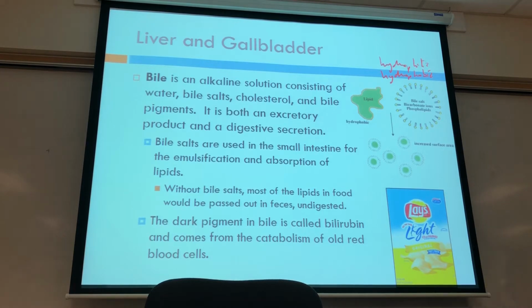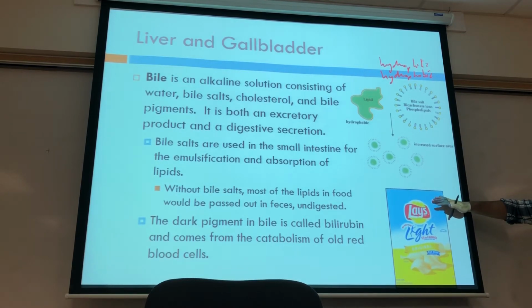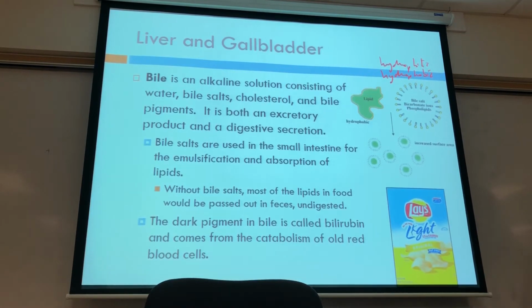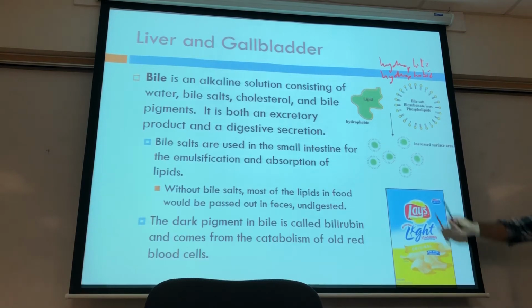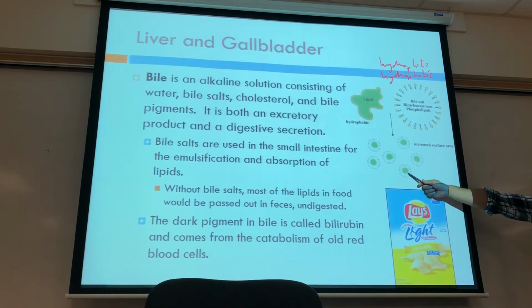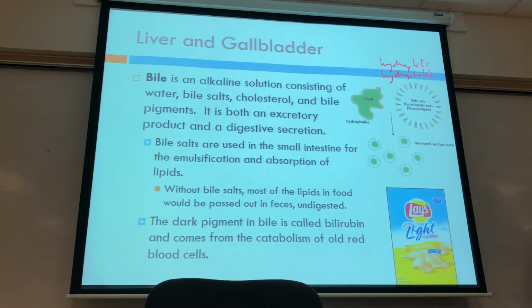Now that you don't have this emulsification, what happens in a lot of these cases after they've released this product is that some of the things they found about people that ate a lot of this stuff is that fats are extremely important, not because they contain calories, but because there are also fat-soluble vitamins.